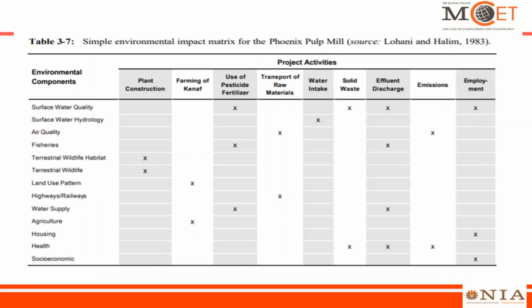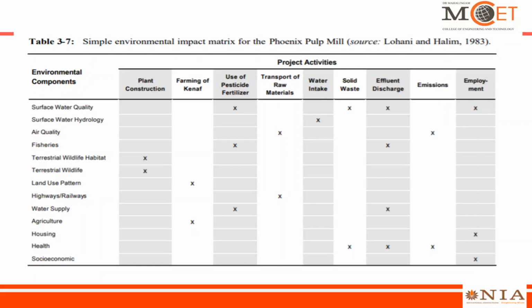So here, what you can see are the environmental components: surface water quality, surface water hydrology, air quality, fisheries, wildlife habitat, terrestrial wildlife, land use pattern, highways, water supply, agriculture, housing, health, socio-economic. So these are the components that are going to get affected.